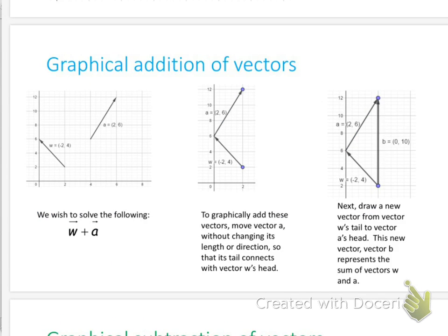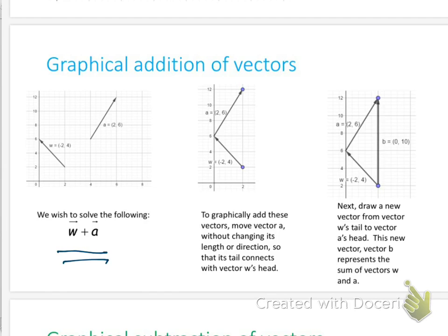Graphical addition of vectors is an important topic because it's very visual and it will help you verify what you have done algebraically. So let's start off, and we wish to solve the following. We want to add vector w to vector a. Neither one of these vectors is written in standard form, and that means that neither one of them starts at the origin.